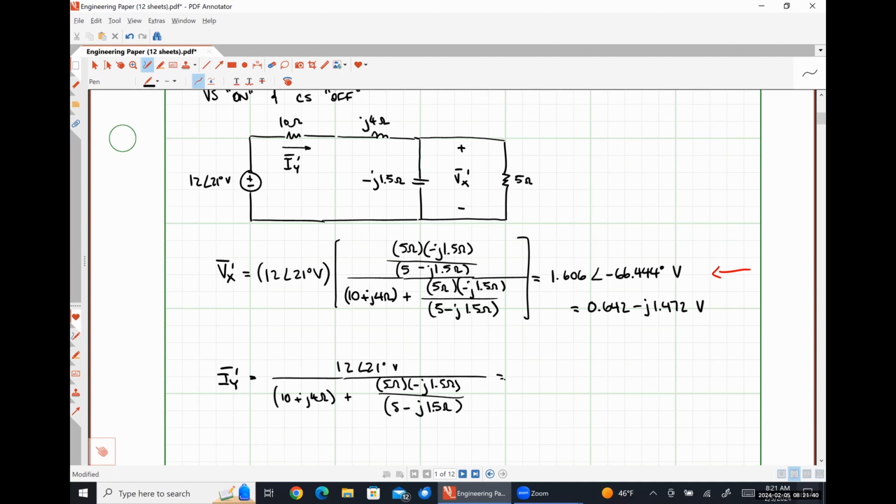So throwing that into my calculator really quickly, I got 1.117, with an angle of 6.857 degrees. And in rectangular form, that looks like 1.109 plus j0.133. Anybody else get a similar result?